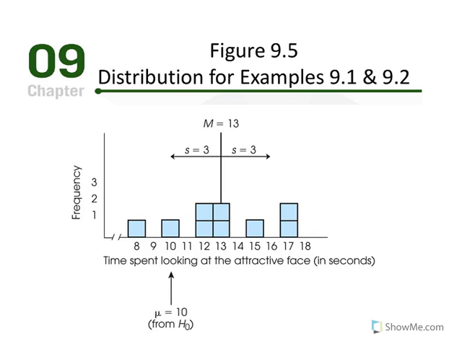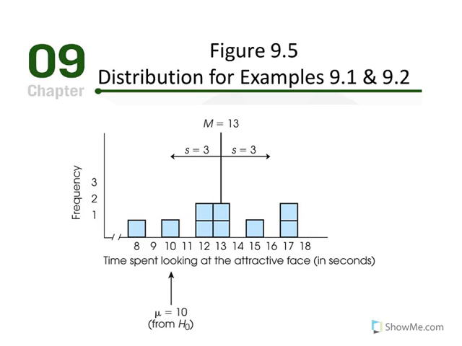We walked through the 4-step process, and our conclusion was that our t-statistic allowed us to reject the null hypothesis and conclude that there was a difference in the amount of time that the infants spent looking at these different faces. In fact, they tended to spend, on average, more time looking at the attractive face as opposed to the unattractive face. And we were given some sample statistics for that study.